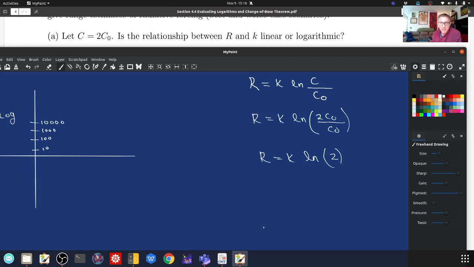So let's find the natural log of 2. First, let's think about this. The natural log of 2 is a constant. So let's put this in a more familiar landing. R is equal to K times some constant C.